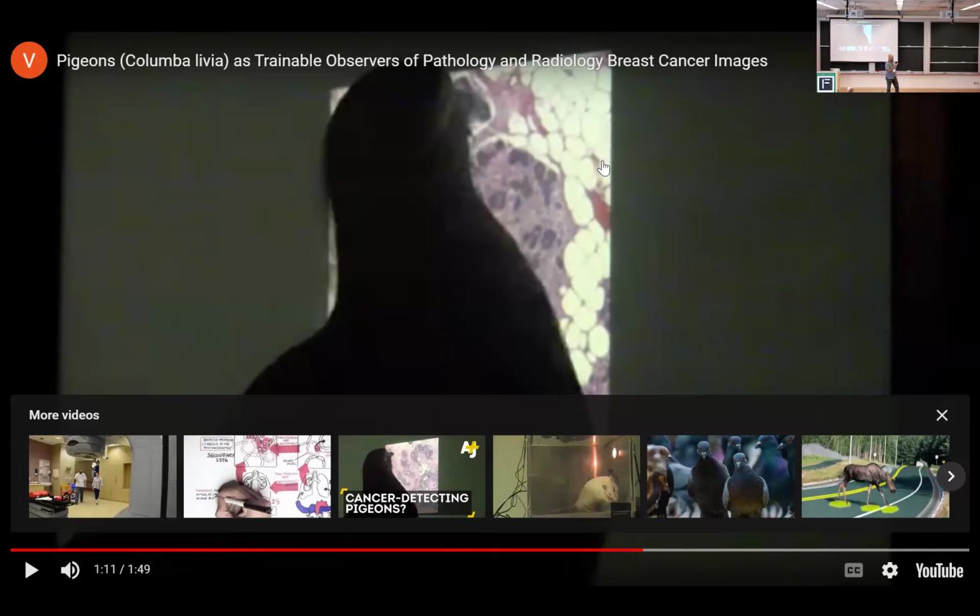So first of all, the assessment was done on medical images that the pigeons had not seen before. So this was not like cheating. It was a proper assessment of performance. So what do you think? Just a number between 0 and 100. 85.